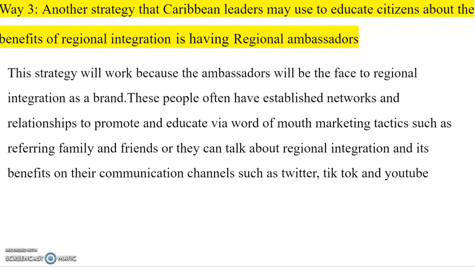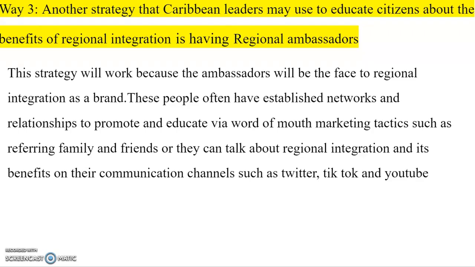These ambassadors, right, oftentimes have established networks and relationships to promote and educate citizens about regional integration by word of mouth, marketing tactics, such as referring family and friends, or they can talk about regional integration and its benefits on their social media or whatever platform they are accustomed to.